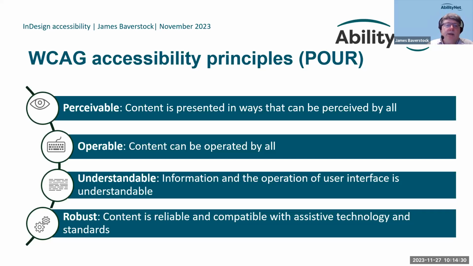We also want to make sure that our documents are understandable. So for assistive technology users, we need to set the language on our documents to ensure that they're going to be announced correctly. We also want to have good labels and instructions if we're using document forms. And then finally, we want to make sure that our content is robust, that it's going to be reliable and compatible with assistive technology and standards.